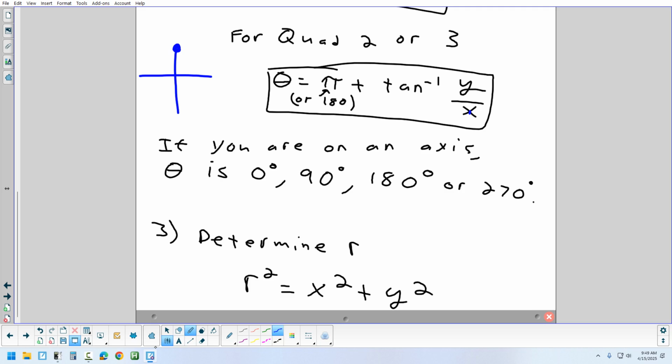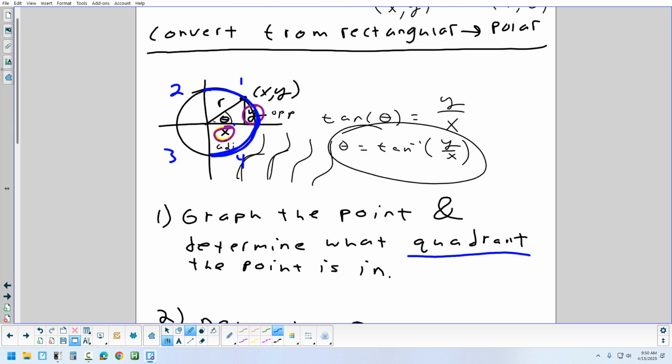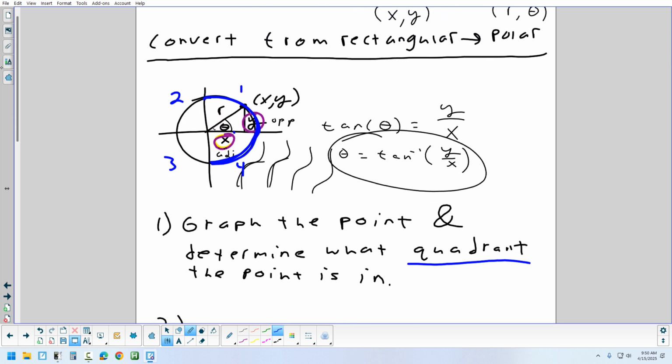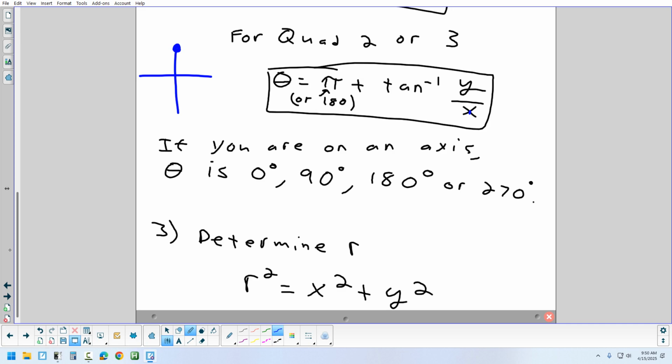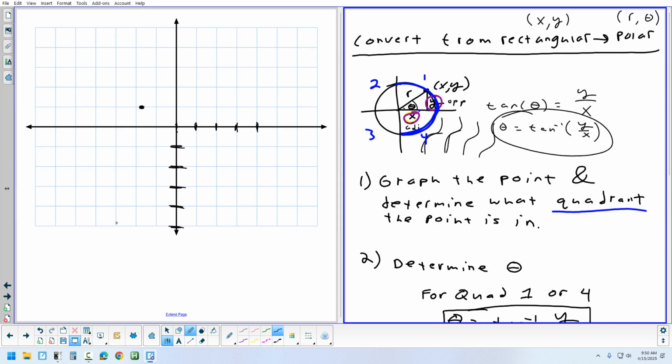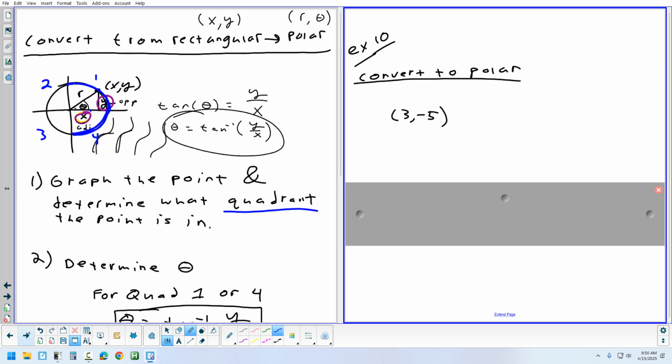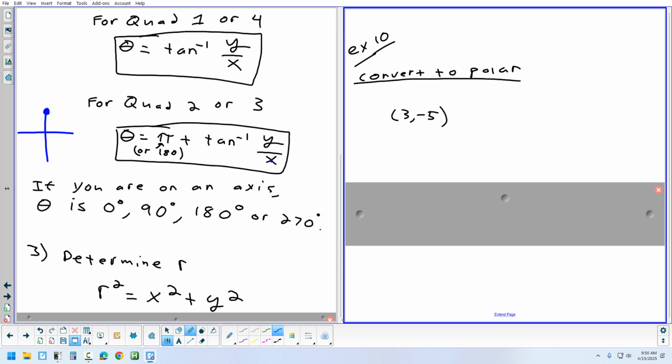Okay, so this is converting from rectangular to polar. All right, let's try this one. You can find r or theta first. They're completely independent, so it doesn't matter which one we do first.